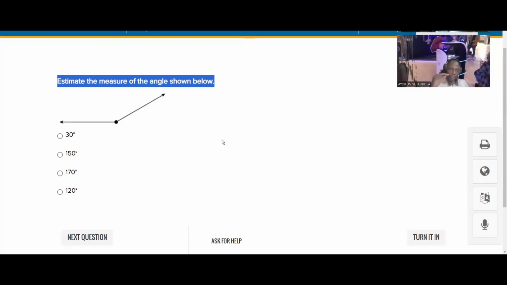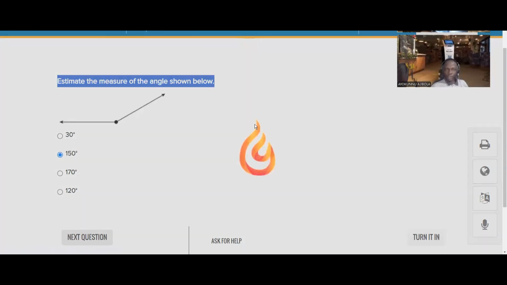The angle is going to measure like 150 because it's not close to a straight line, so it can be 170. Okay, the next page.